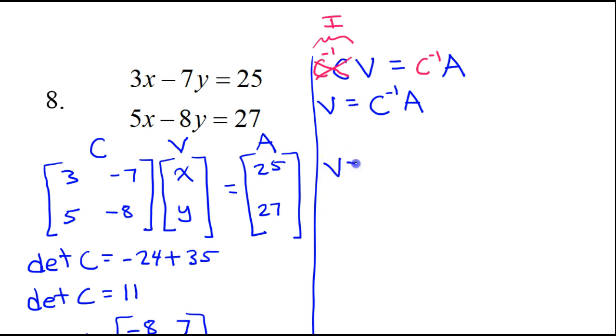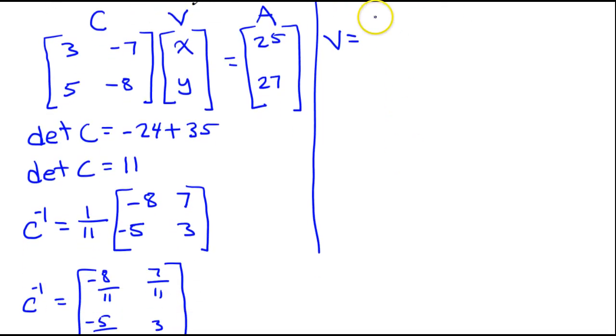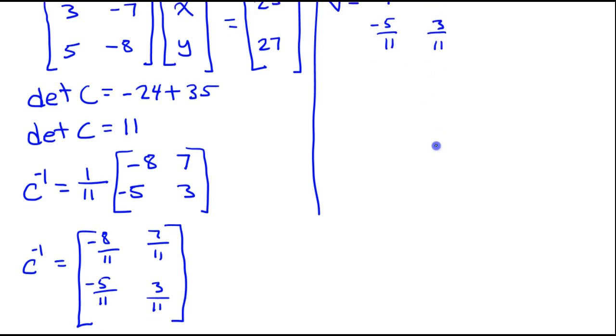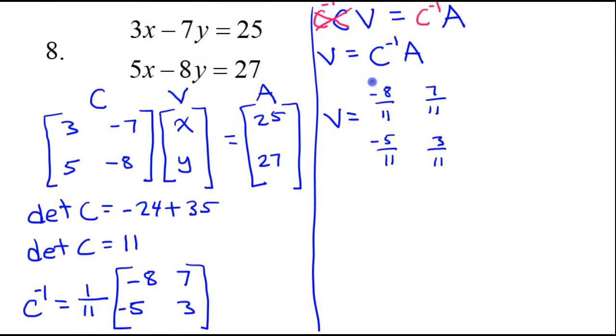So our variable matrix should equal C inverse, which we just found. Okay, so I'm just going to copy that down. So it was negative 8 elevenths and 7 elevenths and negative 5 elevenths and 3 elevenths. Right? Okay, so that is C inverse.